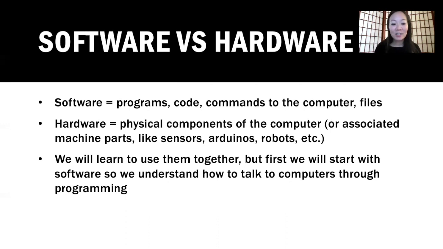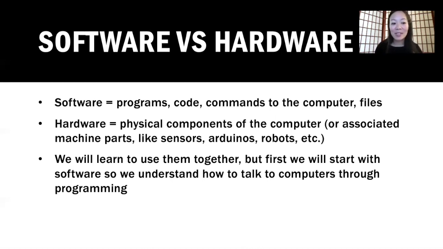We are definitely going to learn to use them together, and I would say that they are very rarely used separately. There are a lot more instances where software is independent of hardware. You rarely have hardware without software.